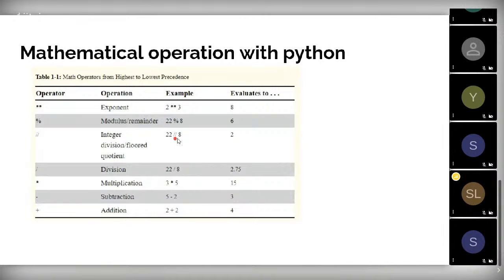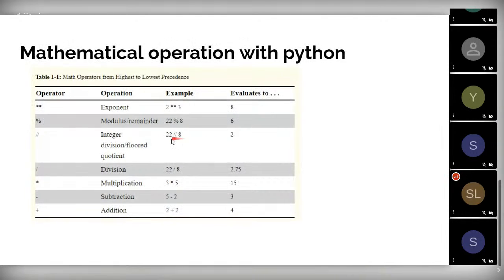What is the answer of 22 with the quotient operator 8? If we divide 22 by 8, the answer will be 2.